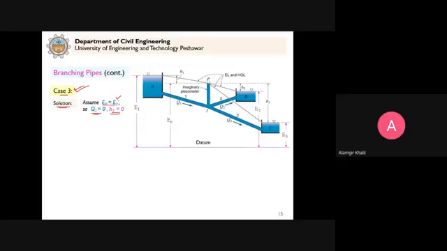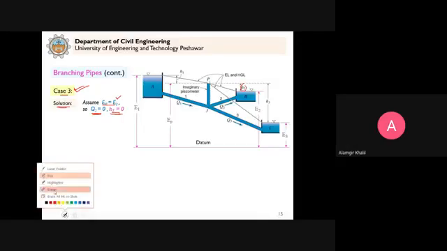We will assume this because E2 is given. So first we assume EP equal to E2, in which case Q2 will be 0 and H2 will be 0 because EP is equal to E2. Clear? This will be the first try.